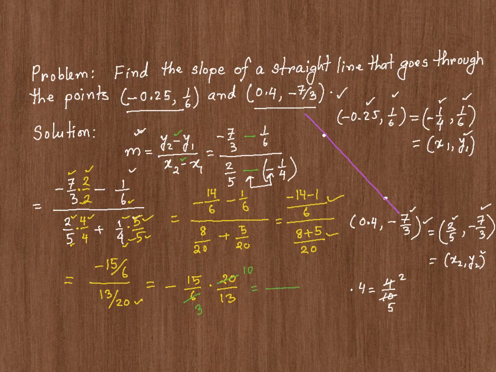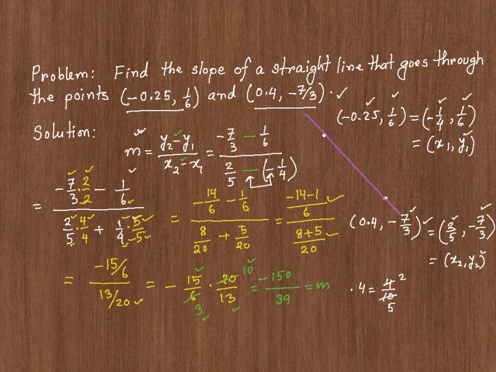In the denominator, 3 times 13 is 39. In the numerator, 10 times 15 is 150. That is our slope. There is a negative here, so negative 150 over 39 is the slope.